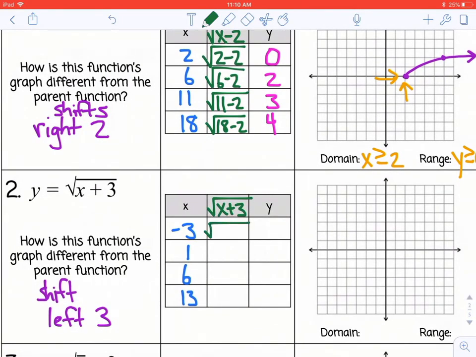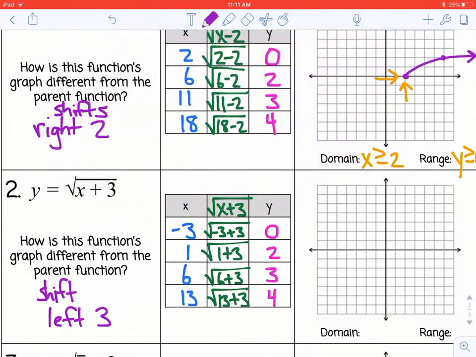So that means I would have the square root of -3 plus 3, the square root of 1 plus 3, the square root of 6 plus 3, and last but not least, the square root of 13 plus 3. So then I have the square root of 0, which is 0, the square root of 4, which is 2, the square root of 9, which would be 3, and the square root of 16, which would be 4.